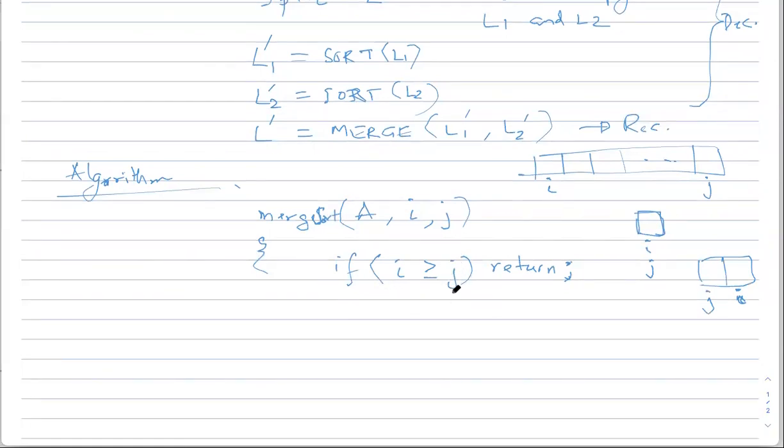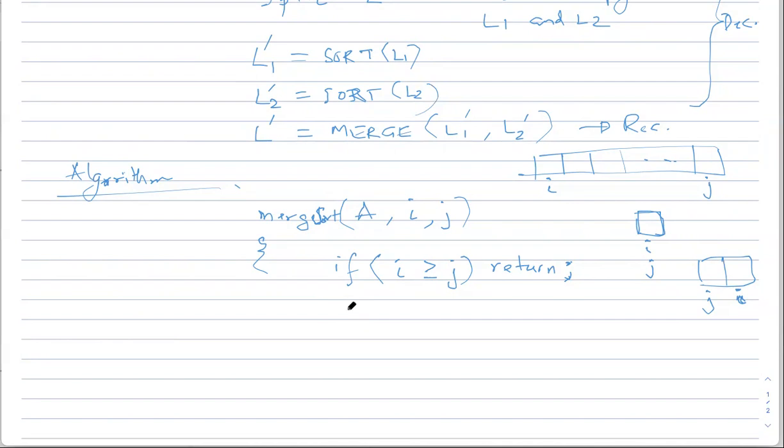So i greater than or equal to j either represents this singular element situation, or, in the process of the progressive breakdown, you may give a range in which i and j can get swapped, in the sense that i can become actually greater than j.